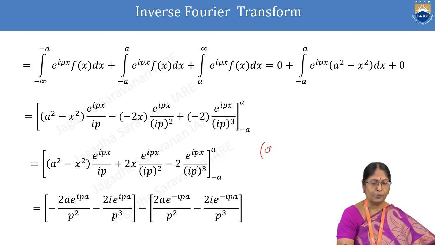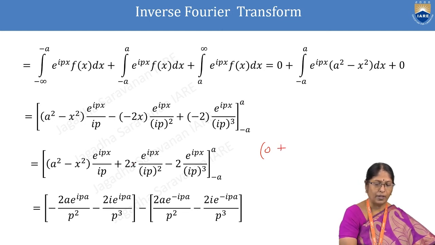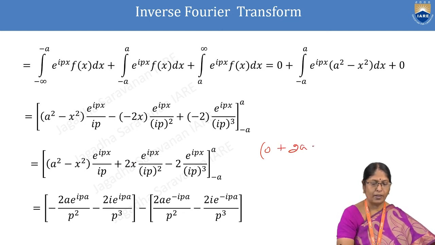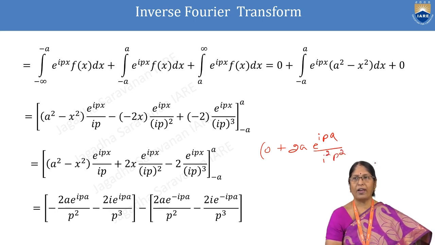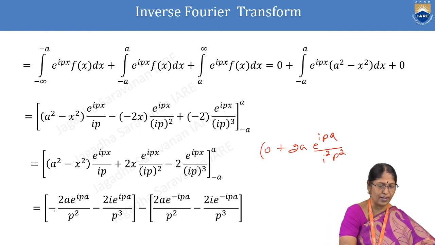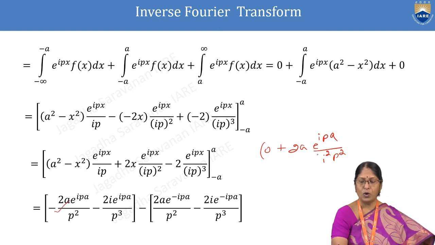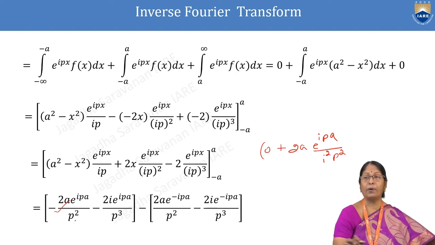The first one has become 0 plus 2a e power ipa by i square p square. I square we know is minus 1. That is the reason it is kept as minus 2a e power ipa by p square. This term we got.